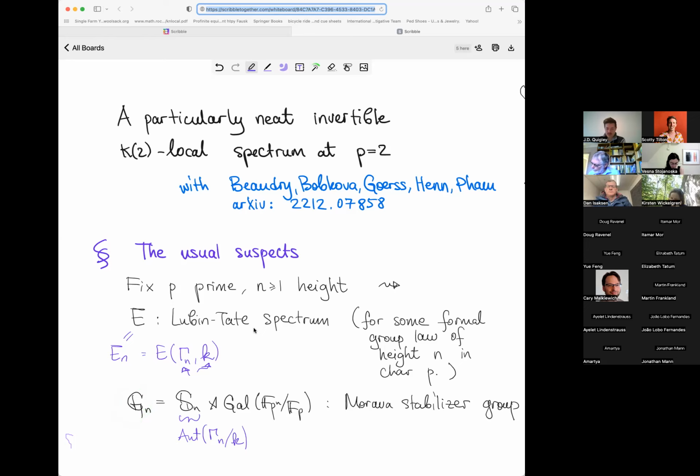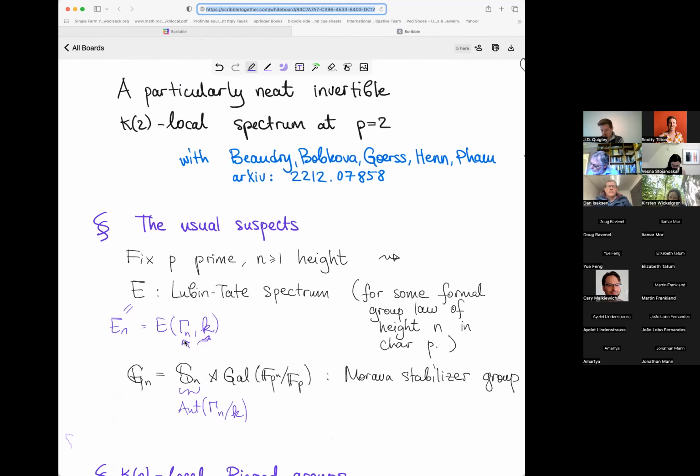Which Γn we choose is not particularly relevant right now, but as soon as we fix n to be 2, there is going to be a particular choice that goes secretly into a lot of the math that feeds into what I'll talk about. And then the Galois group of the field with p^n elements acts on this automorphism group, and then we have the big stabilizer group.